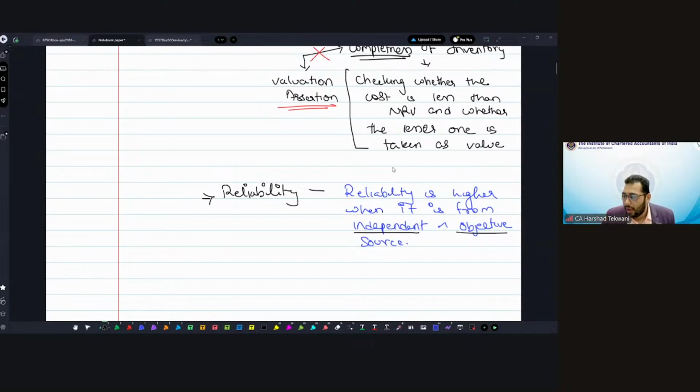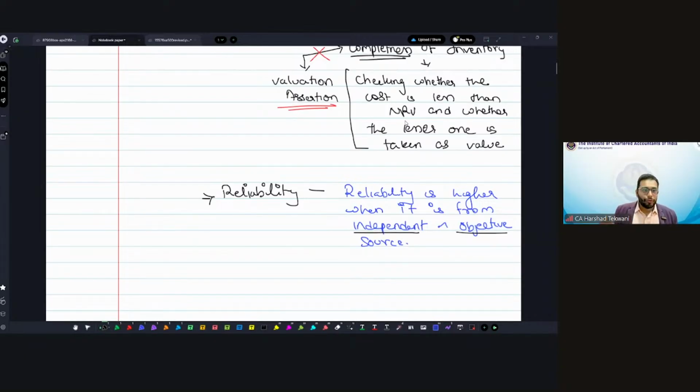Now, the second question was with respect to the information that can be used as audit evidence. We understood that evidence has to be reliable, relevant, and in sufficient quantity. But it's not always that you get direct audit evidence in your hand.